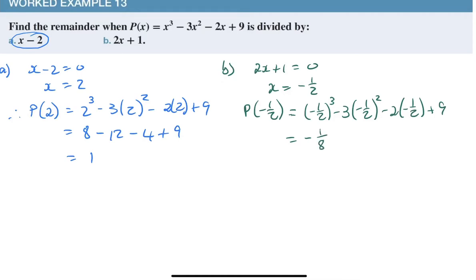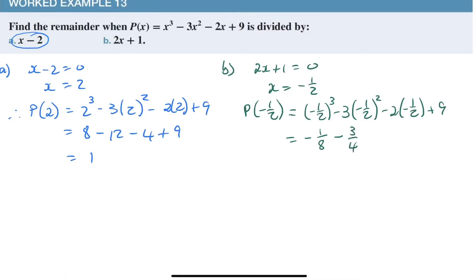Then I'm going to have a negative squared, which means a negative times a negative is a positive, multiplied by a negative is a negative. 1 squared is 1, 2 squared is 4, so it's 1 over 4 multiplied by 3, which will give us 3 over 4.